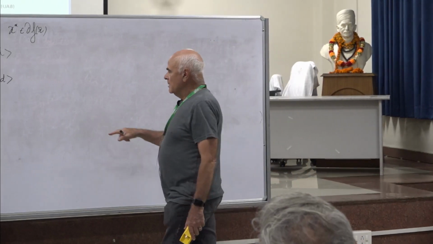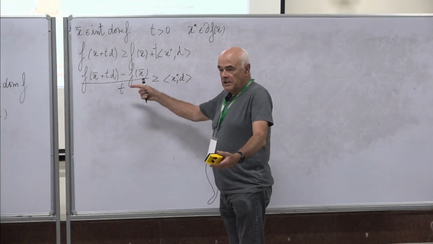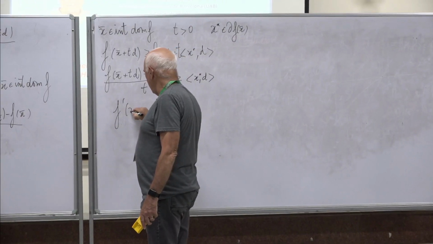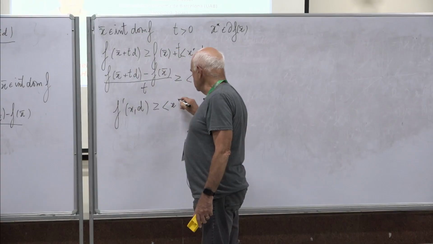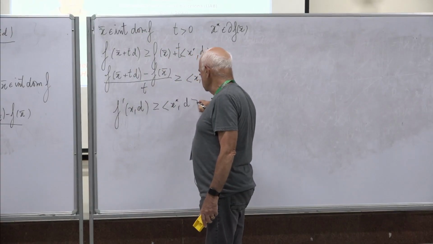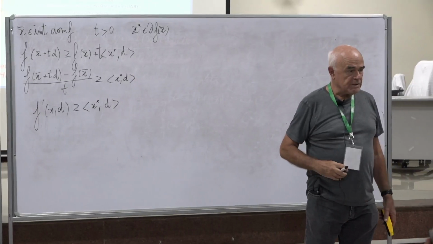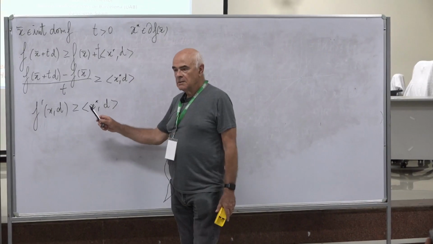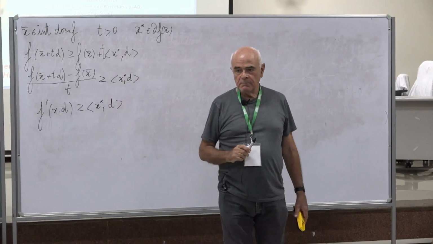Well, then the infimum here, or the limit as you want, which is the directional derivative, satisfies this inequality. And this is true for every x star in the subdifferential.